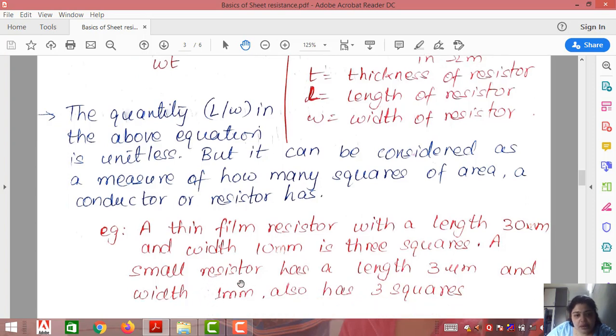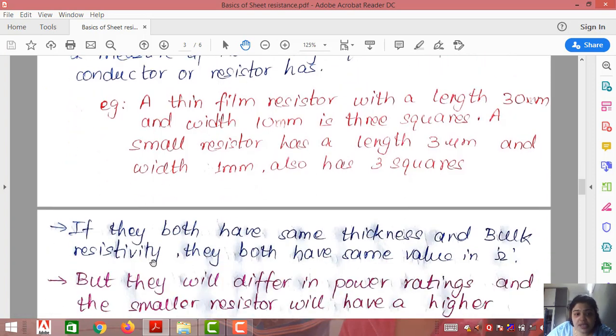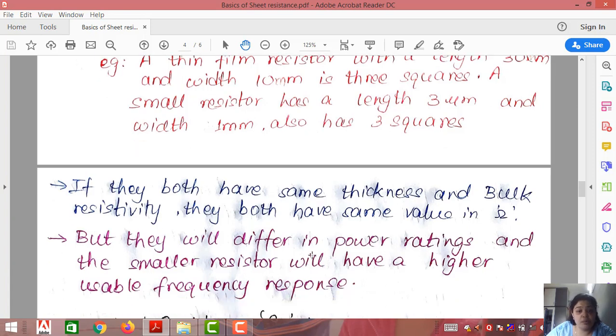We consider one more small resistor which has a length of 3 micrometers and a width of 1 micrometer. It also has 3 squares. Suppose they both have the same thickness and bulk resistivity, both in micrometers. Then they have the same values in ohms, but the power ratings will differ. Because the overall area is less in this case, it will dissipate more power.